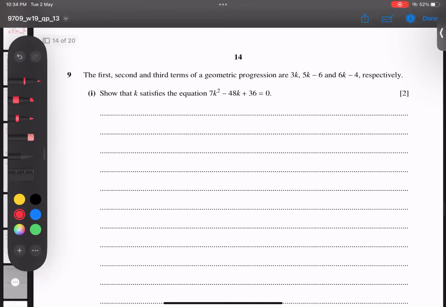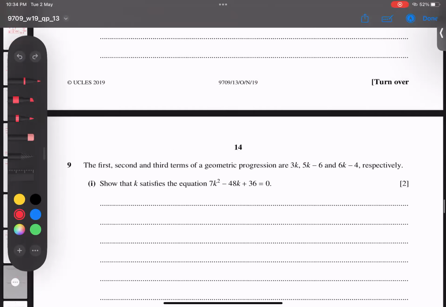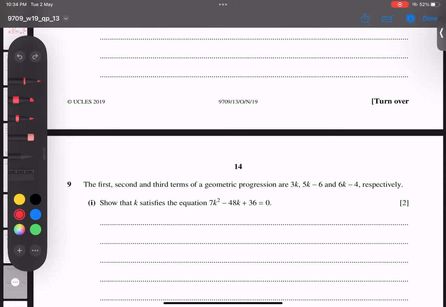Question number 9. The first, second, third terms of a geometric progression are mentioned. Before I start, I always give an example of this kind of thing. For example, 3 into 2, I got 6. Into 2, I got 12. Whenever there are 3 terms in a geometric progression, you can see that the third term divided by the second term gives this, and the second term divided by the first term gives this.